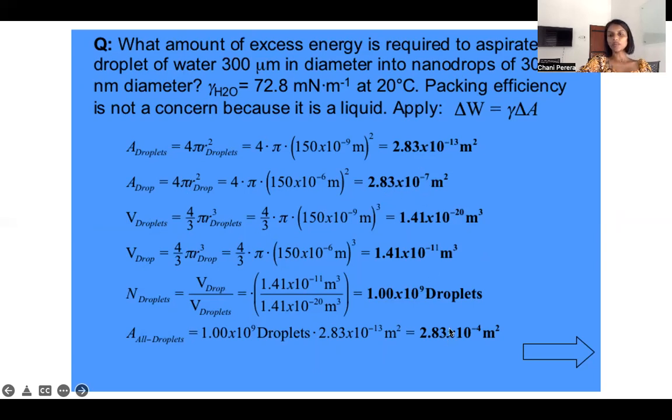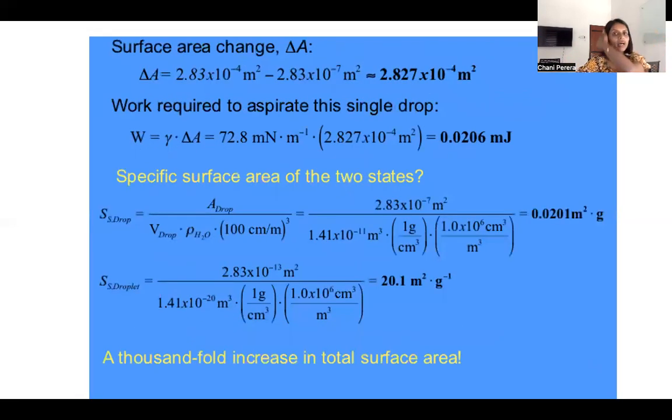So here you can obviously see the surface area of the droplets has increased. You can find the change in the surface area by subtracting them, resulting in a value of 2.82 times 10 to the power minus 4. So you have to do work in order to atomize the single drop into that many nano droplets.